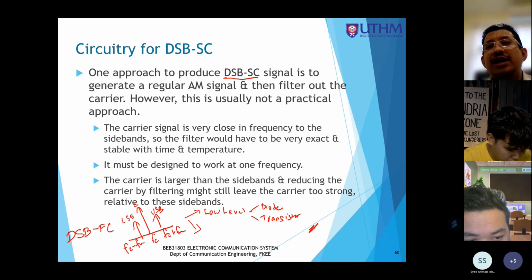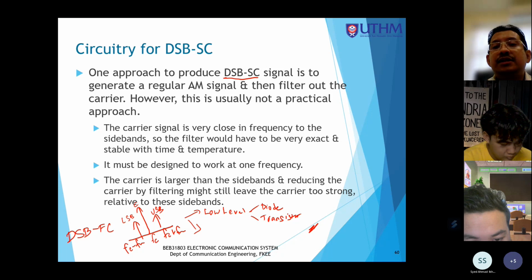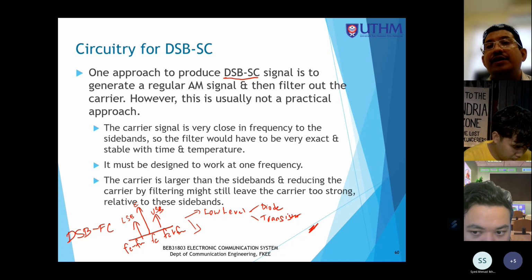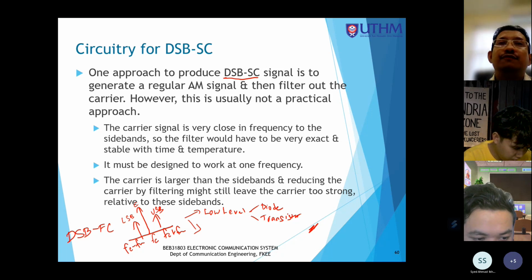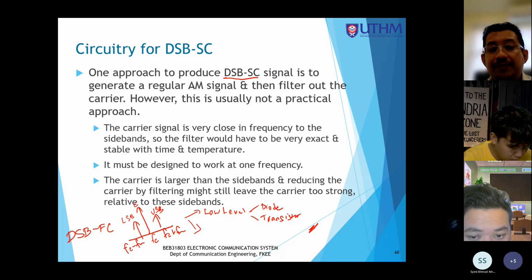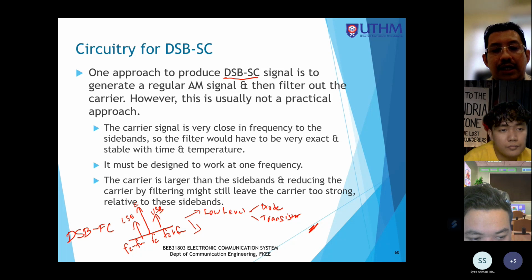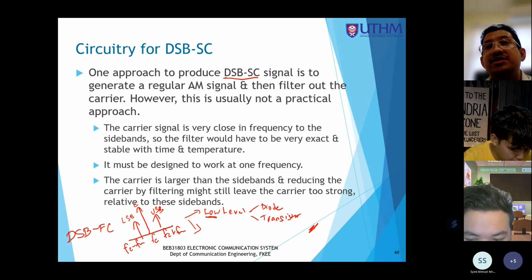For example, after the modulator, we need an additional amplifier to increase the amplitude of the signal, and then we can transmit the signal through the medium. So the keyword here, low level, means that signal yang terhasil itu mempunyai amplitude yang rendah.